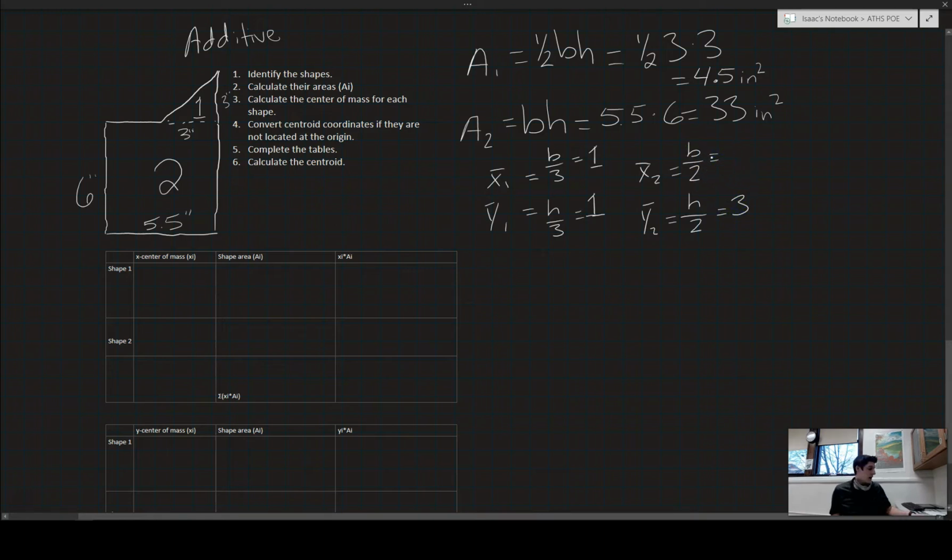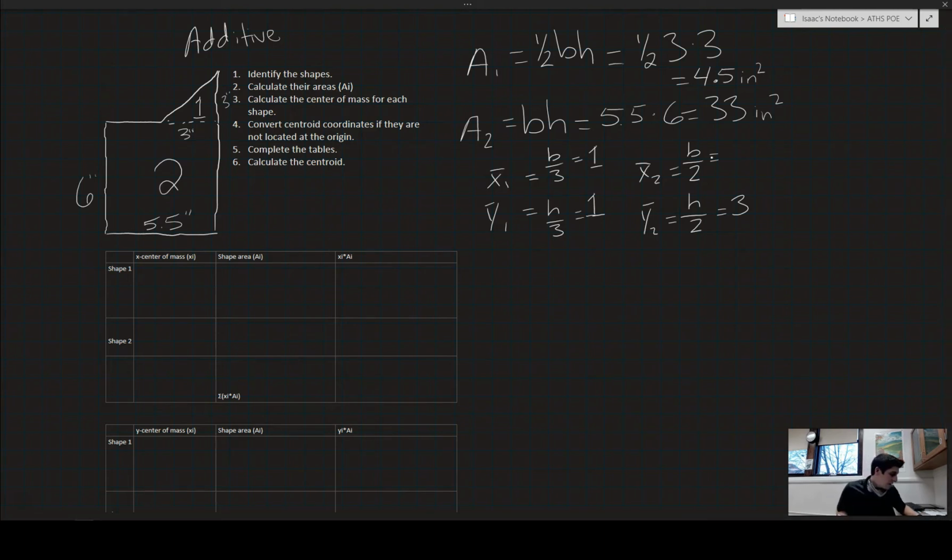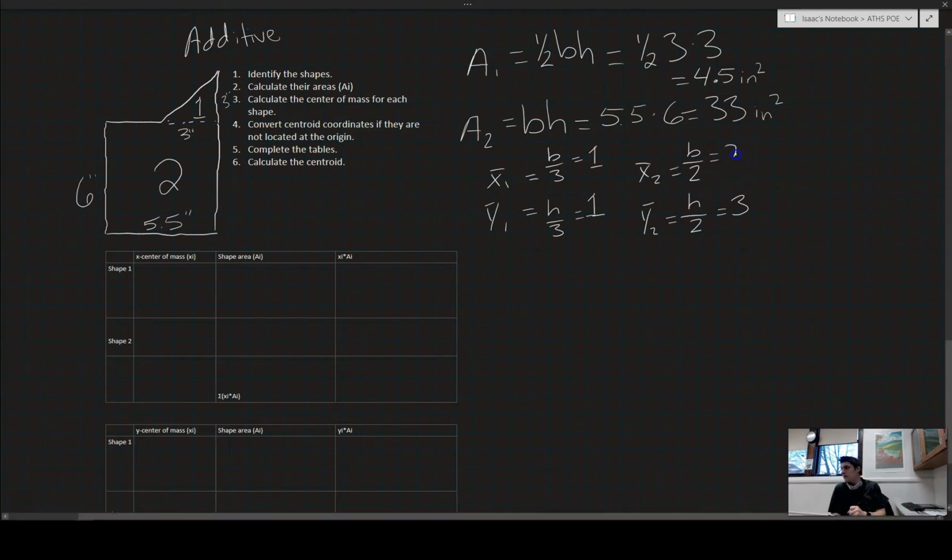For our x, or our base, that's going to be 5.5 divided by 2, which is 2.75. So our coordinates for the centroids of the local shapes are 1, 1, and 2.75, 3.